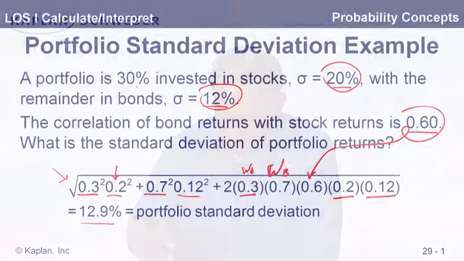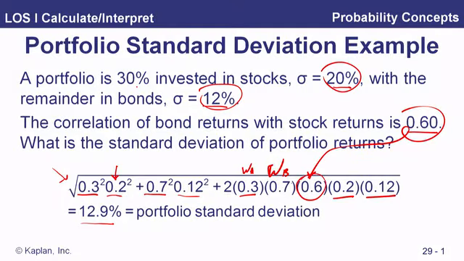So that would get us like 14.4. Okay. But because they're not perfectly positively correlated, because this correlation is less than 1, there are some diversification benefits there. And so that's why we were able to come out with just 12.9 rather than just simply a weighted average of the standard deviations on our 2 stocks.